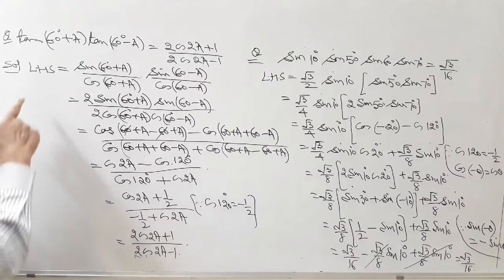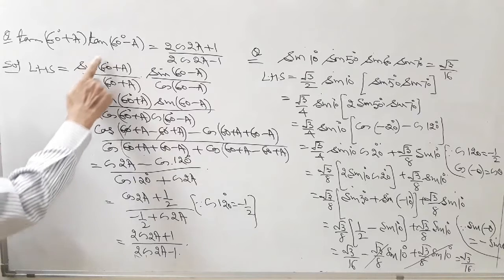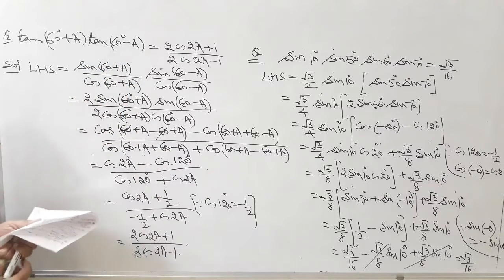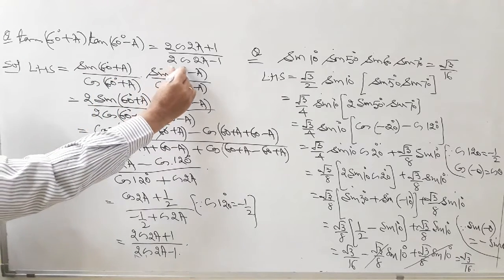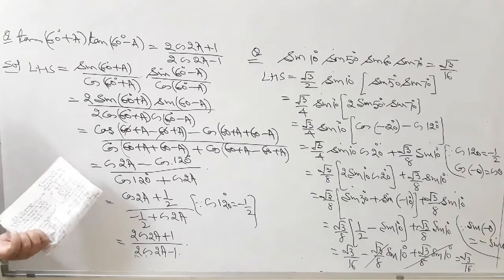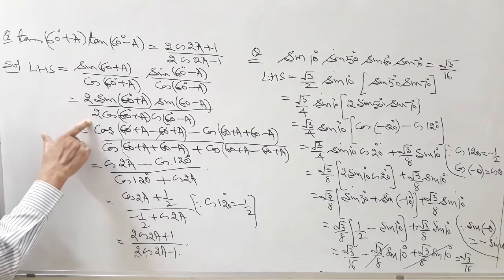I take up the left hand side. Change tan into sine and cos: sine(60 plus A) upon cos(60 plus A), degrees of course, times sine(60 minus A) upon cos(60 minus A).